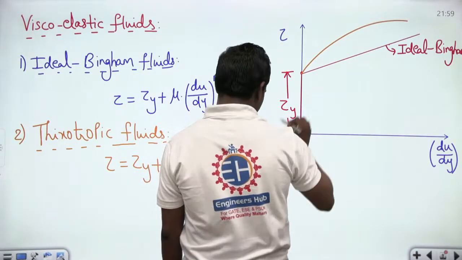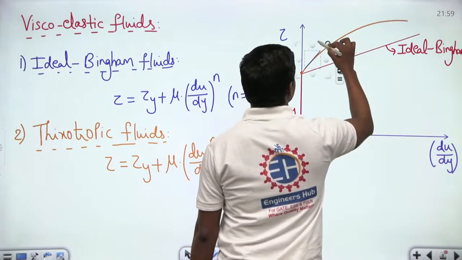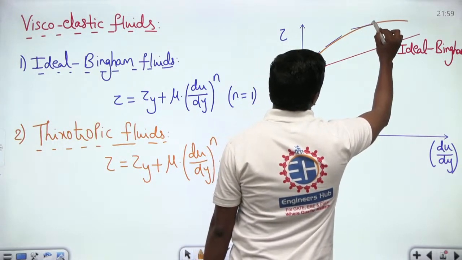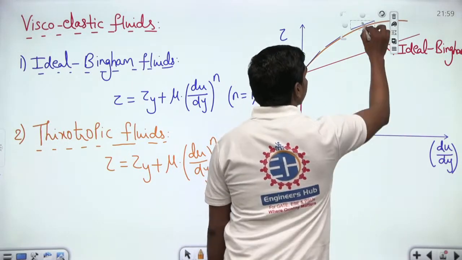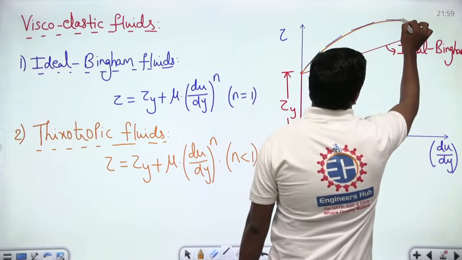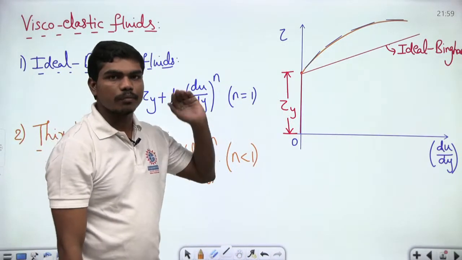If you try to draw the slope, initially the slope is high, but the slope starts decreasing after some time. This looks like a tangent, and your slope keeps on decreasing as your time keeps on increasing.